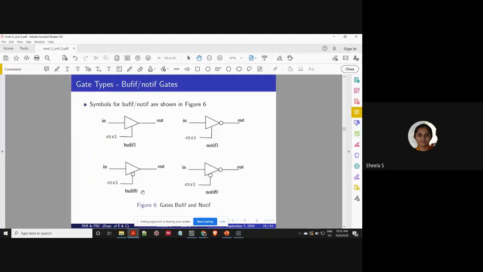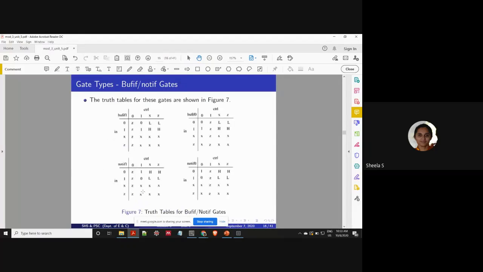And next, this is the corresponding symbol for that. Here we can see input, output, and a control input. How it works, let us consider this truth table.